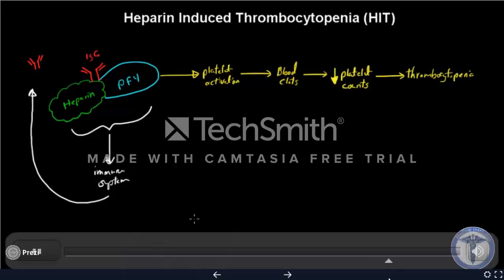So if we have a patient who suffers from HIT, he or she will be in a hypercoagulable state, and at the same time they will have thrombocytopenia.